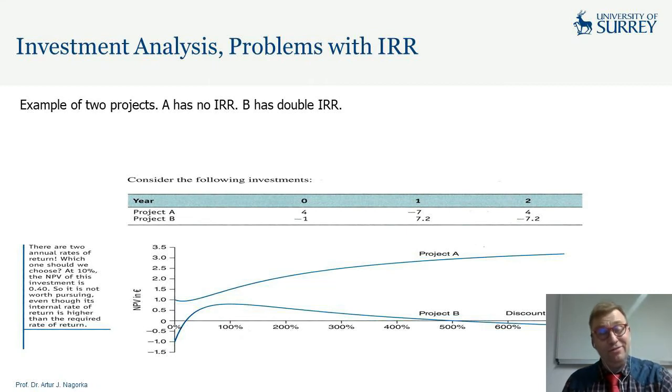So what could we do? We have calculated for project A all possible internal rates of return, and it's always a positive figure, never crossing 0. So how do we deal with this particular problem?